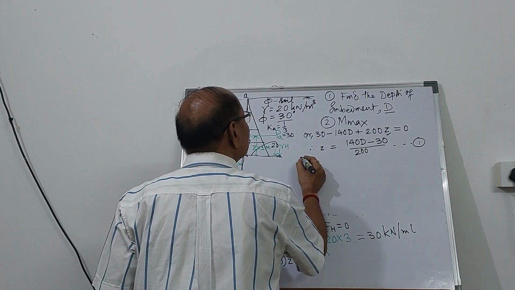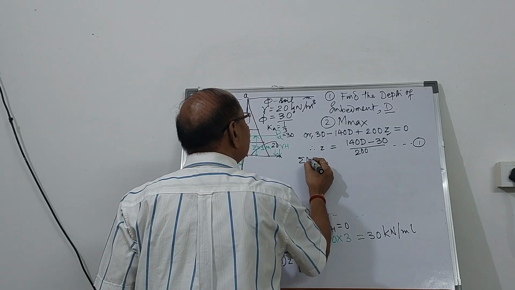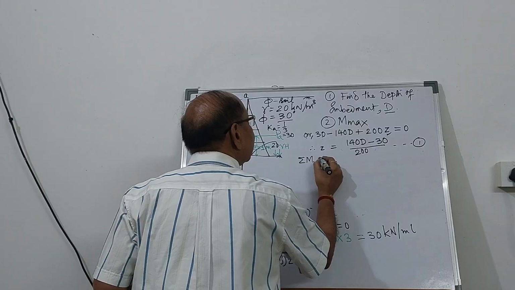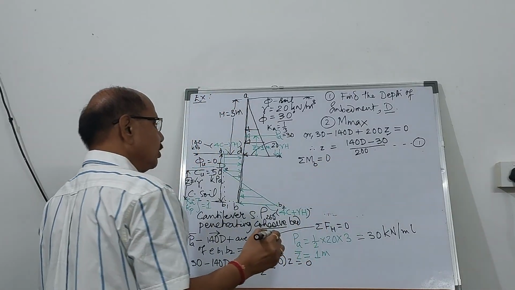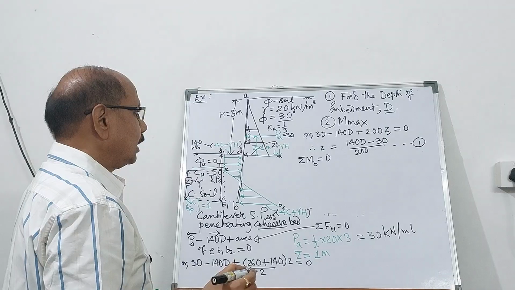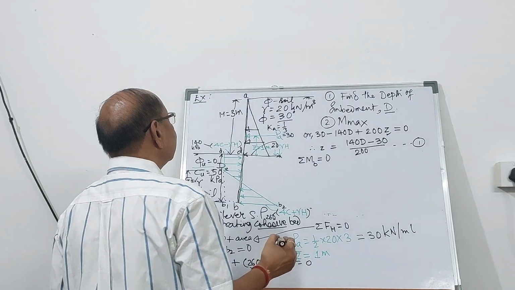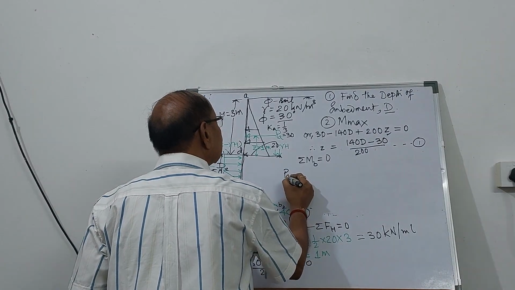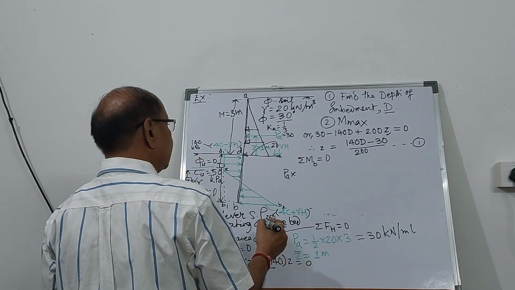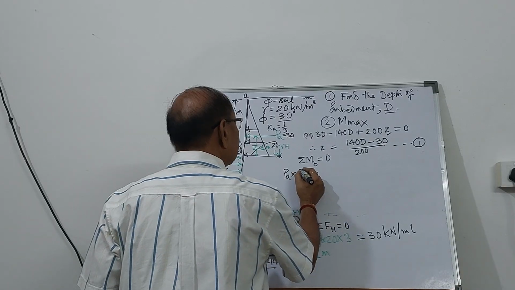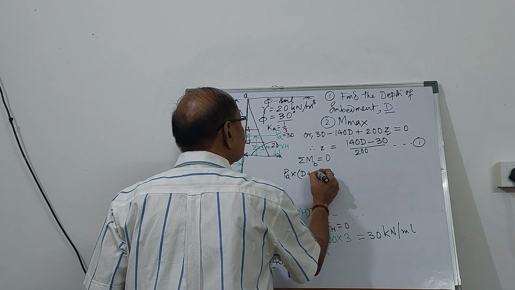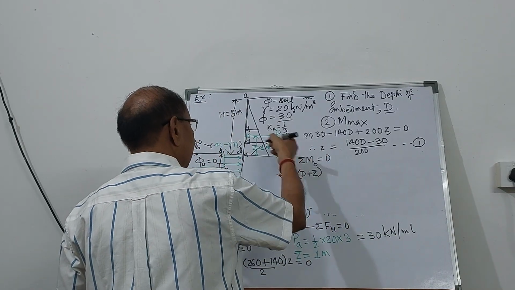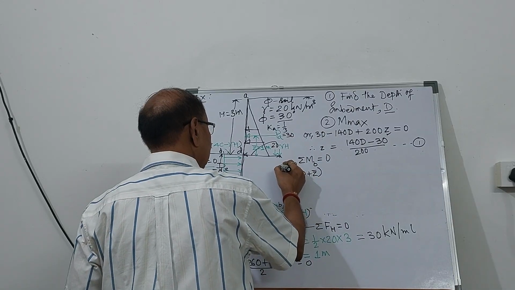Now if you take the algebraic sum of moment about this B, and it must be equal to 0. And therefore, by taking the moment, I am going to have PA multiplied by D plus Z bar will create an anti-clockwise moment.